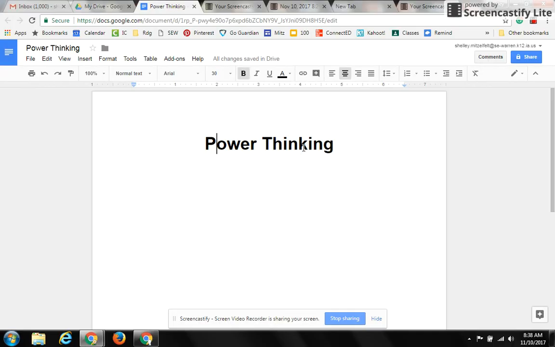The power ones are main ideas. Let me make this a little bit easier to look at. And your power twos are details or supports for power one.